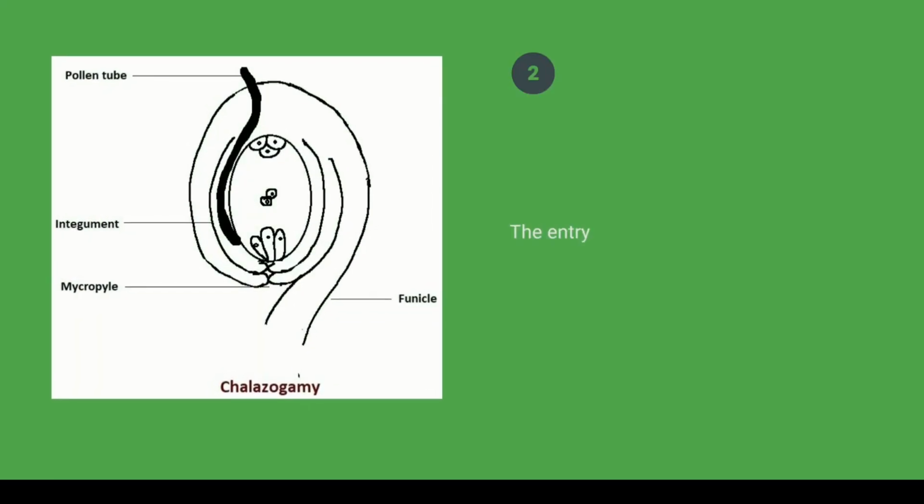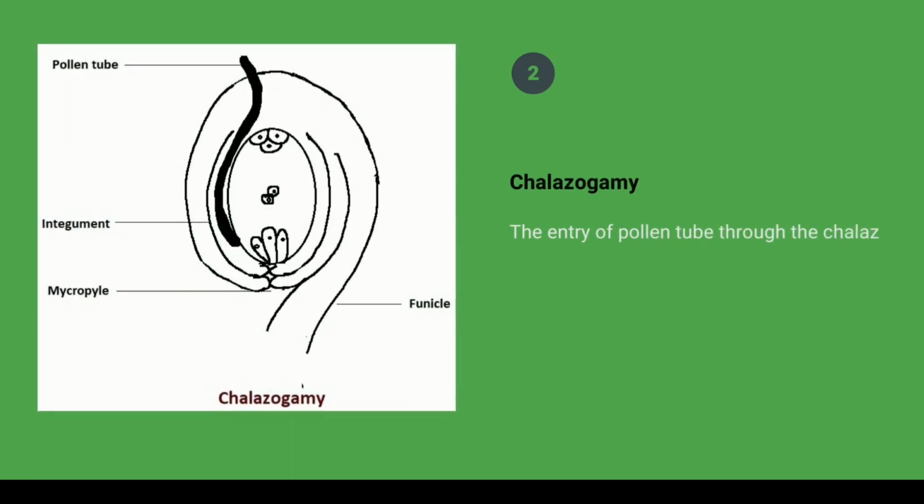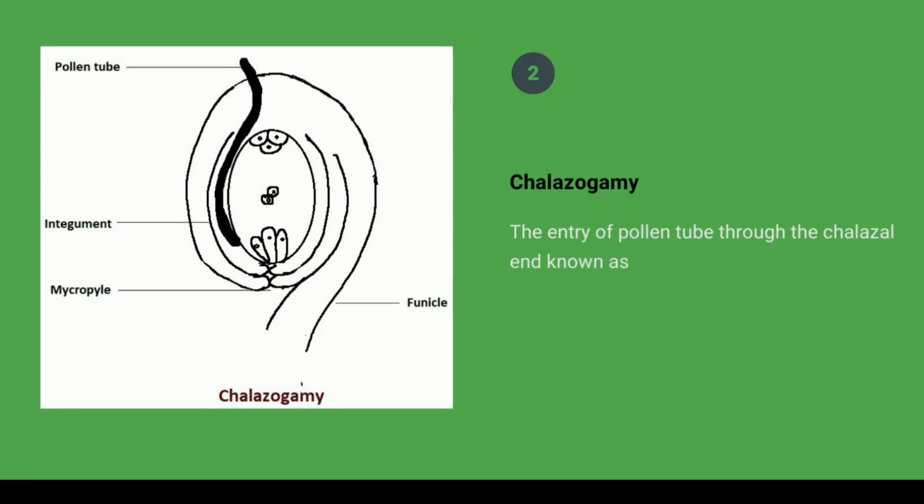This is the one. The second one is chalazogamy. Here in this process, the entry of the pollen tube will be through the chalazal end, that is the topmost part of that female gametophyte. That is chalazogamy.